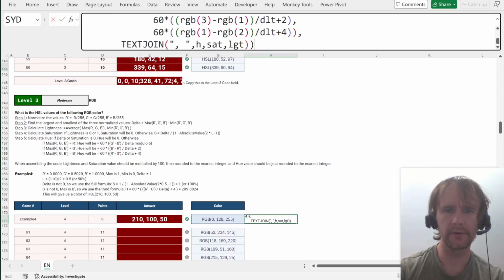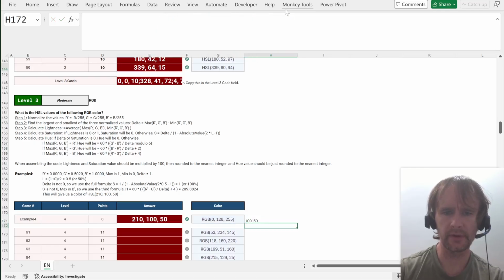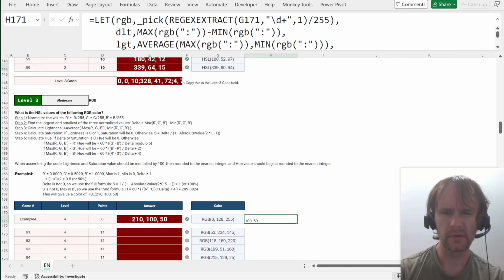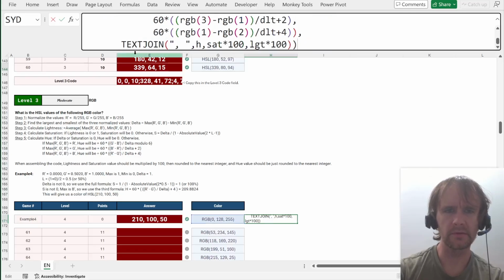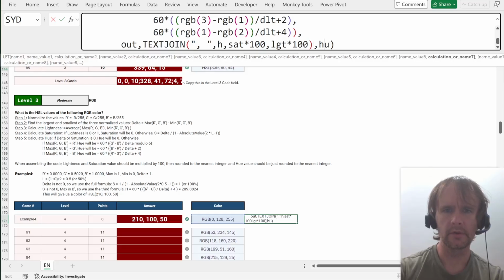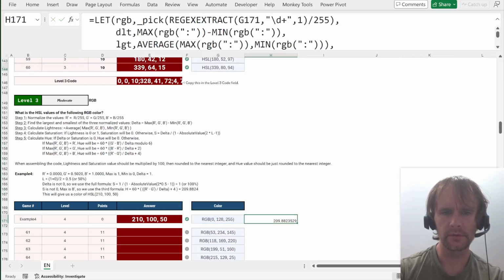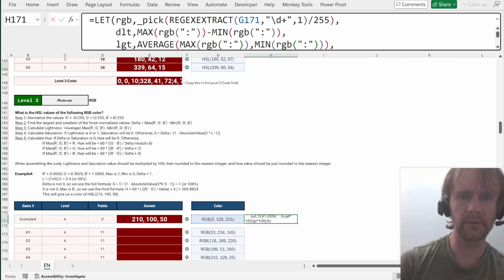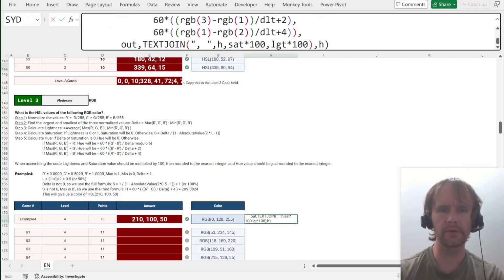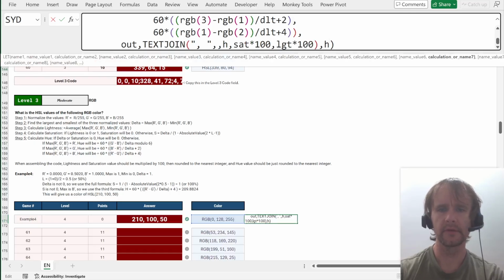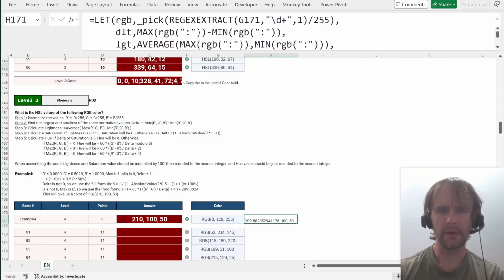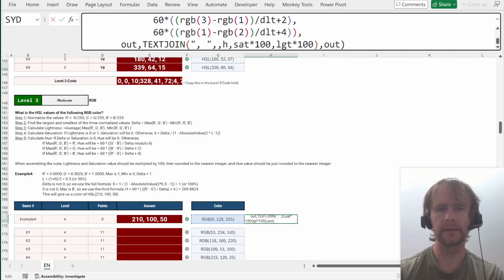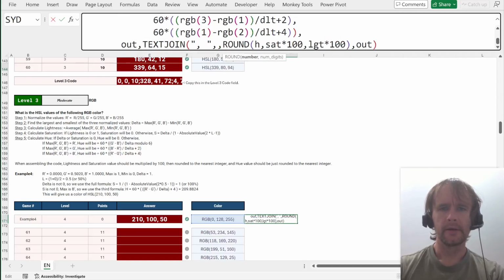So 100 times that and 100 times that. Huh? What is? Hold it out for a second, and H is 209. So what's the problem? Why is that not being joined? Oh, probably because I didn't put in a space. And empty. Yeah. Okay, so then I just need to round that. Round them all.